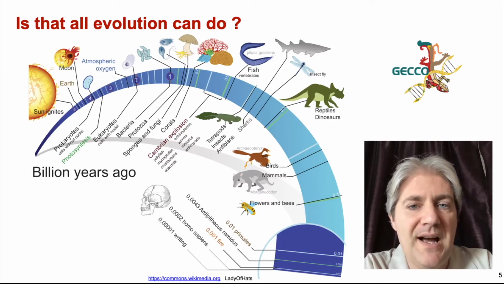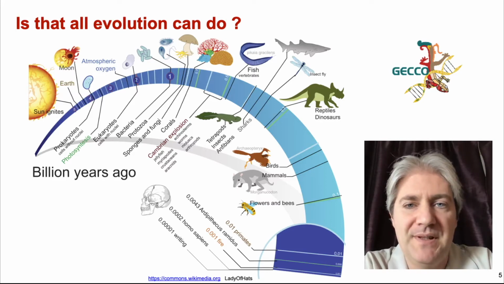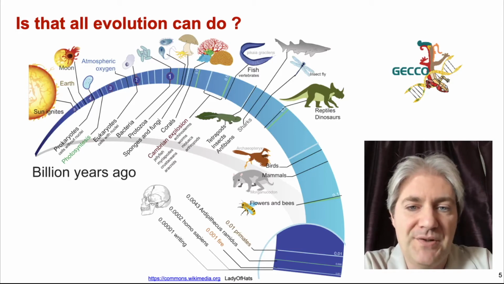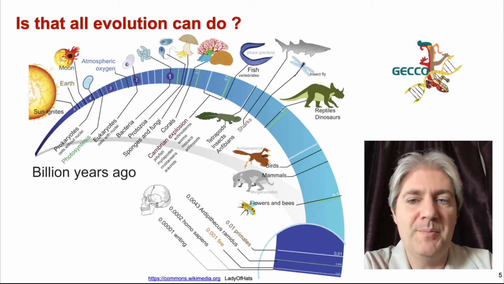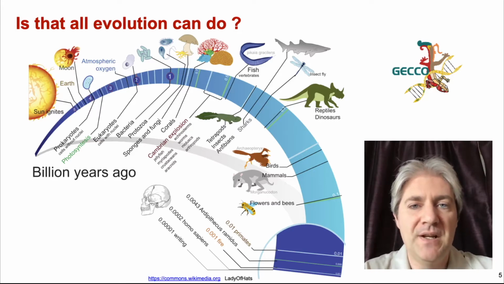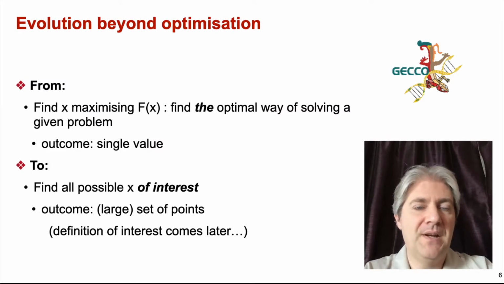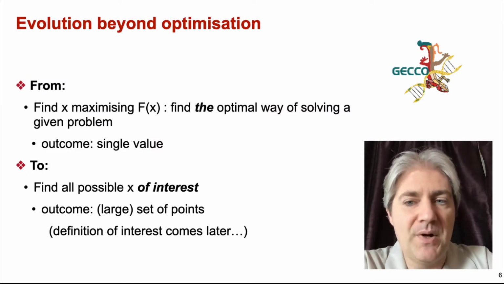But if we look at the higher level of the whole planet, we can see many different creatures that do not compete with each other. For instance, a shark and a bee are not really in competition. They are just completely different and they occupy different ecological niches. This diversity is a very important feature of natural evolution that is not captured by current evolutionary methods. So this is one of the ideas of quality diversity, to capture this.